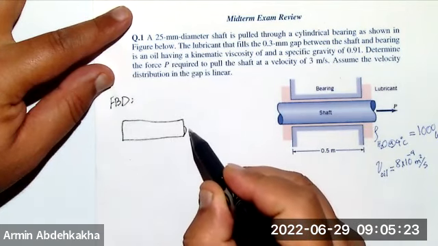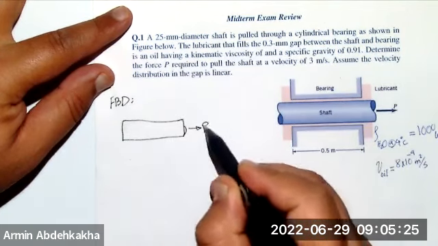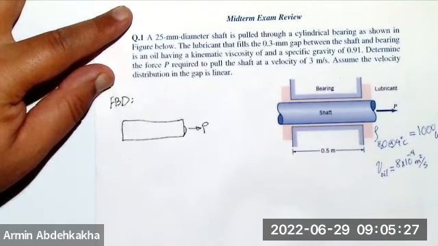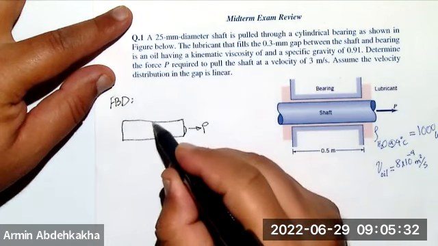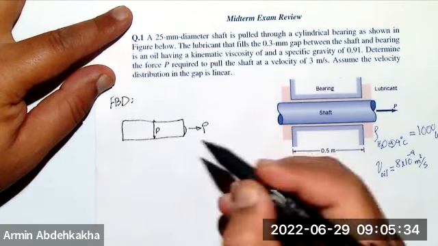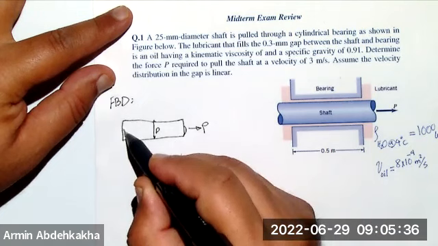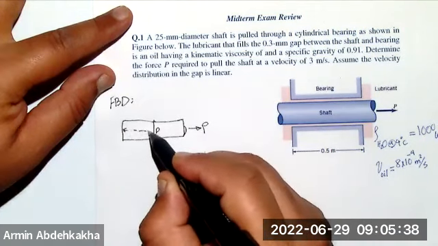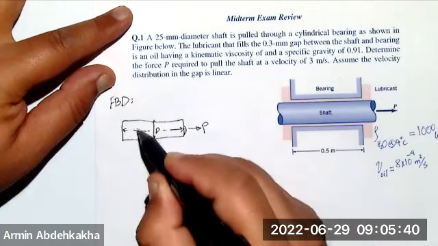Then you have a P here, which is the external force that's applied. And you know that this is D, the diameter, and that's your L.